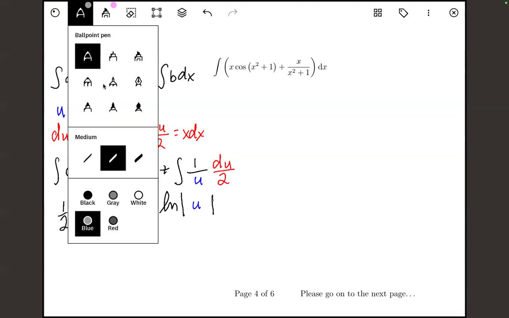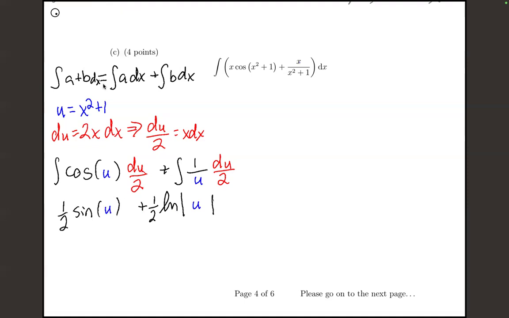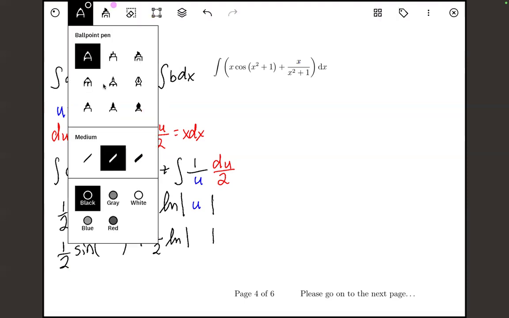And last but not least, we need to substitute these in because we don't care about u. So we have 1/2 sine of x squared plus 1 plus 1/2 ln of the absolute value of x squared plus 1.